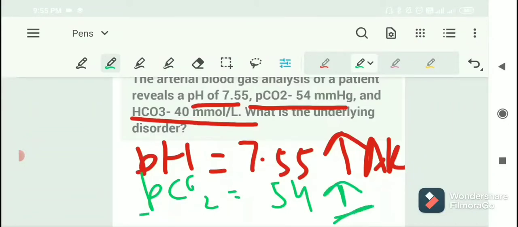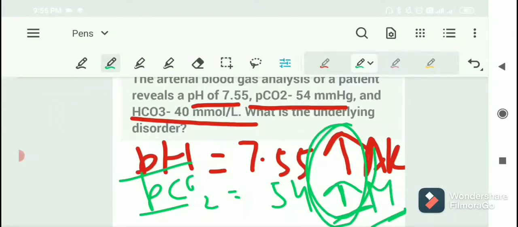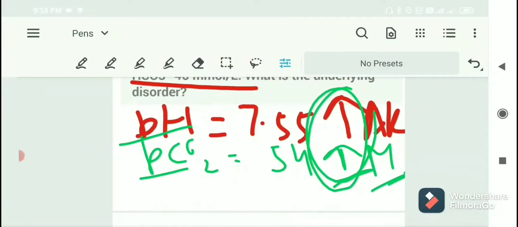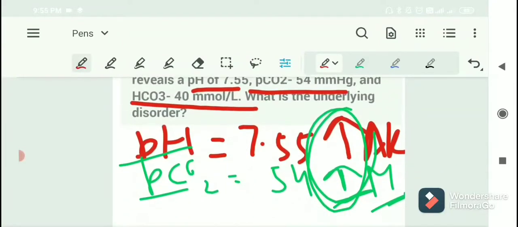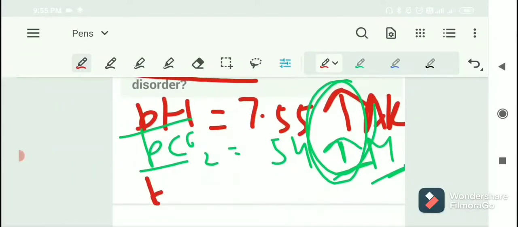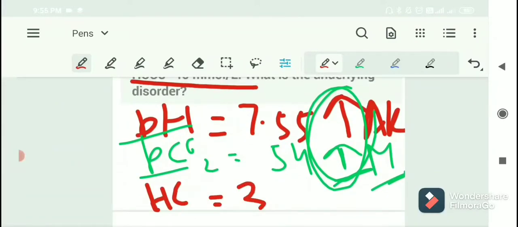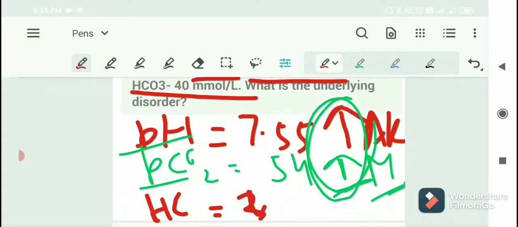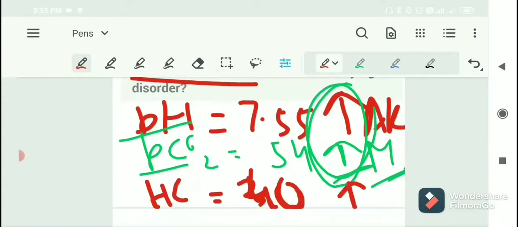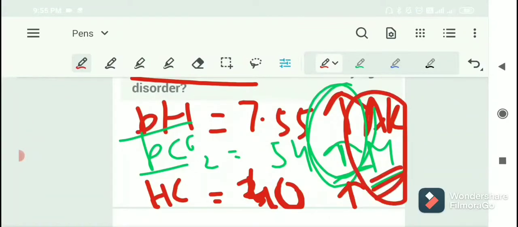So what does this mean? PCO2 and pH in the same direction, that means it is a metabolic component. Now we will see what is the bicarbonate level. Bicarbonate level is 40. That means this also has increased, right? So this is metabolic alkalosis.